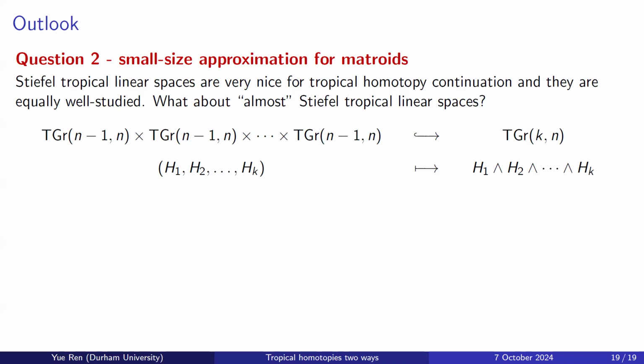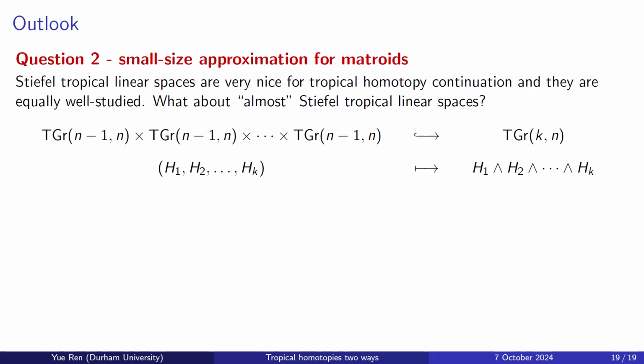But for these tropical linear spaces, I don't have to keep track of the matroid polytope of the tropical linear space. All I have to keep track of is k individual matroid polytopes. If you have heard of lectures in numerical algebraic geometry, this is almost like some kind of low-rank approximation of a matrix. This is a way to compress the matroid polytope.